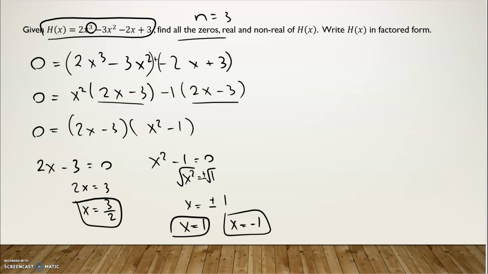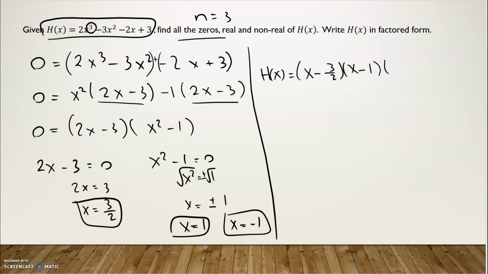And then it says write this in factored form. So h of x can be written as x minus 3/2 times x minus 1. That's for this one right here. x plus 1. That's for this one right here. Notice how this was a positive, it's a negative over here. This one was a positive, it's a negative here.